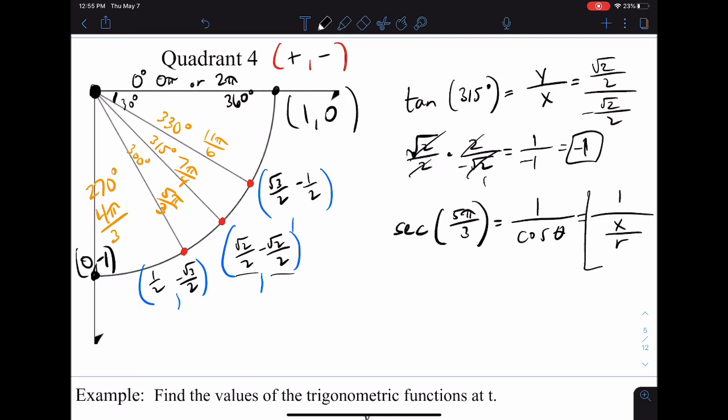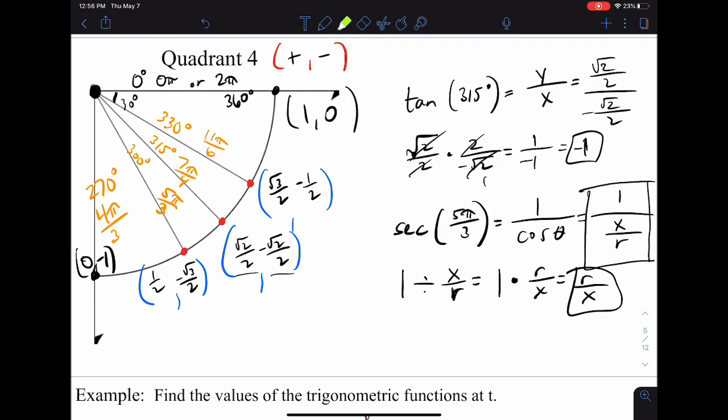So we have 1 divided by x over r. Multiply by the reciprocal. So really, secant is the same thing as r over x, the reciprocal of cosine. You're just flipping the coordinates.